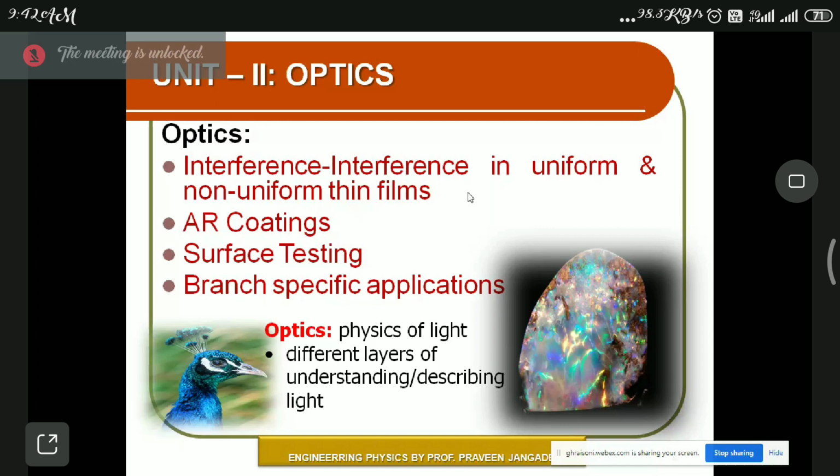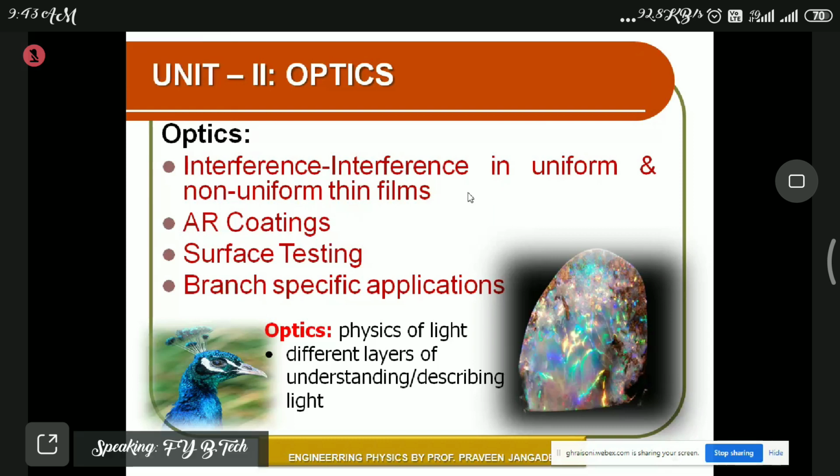So what is optics? You can see the definition mentioned here: it is the physics of light. Optics is basically the physics of light, with different layers of understanding or describing light. Wherever the light concept is studied, that is studied under one head called optics.